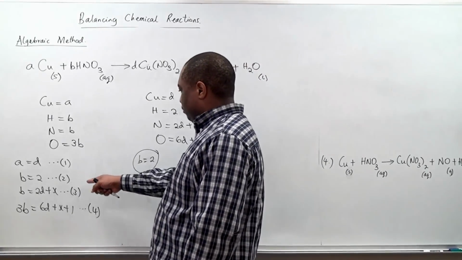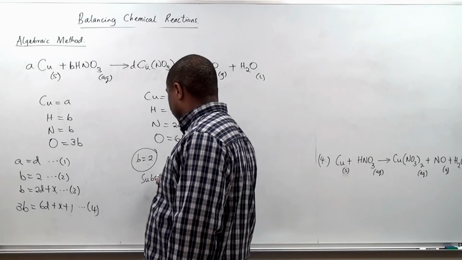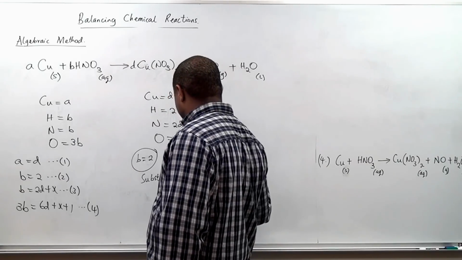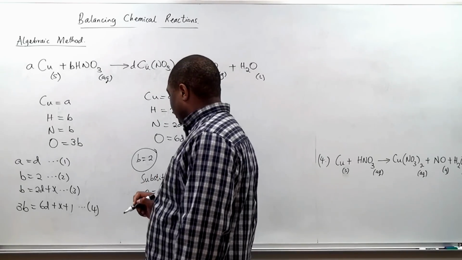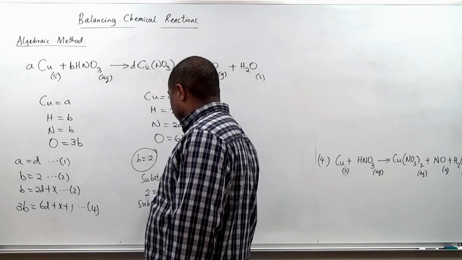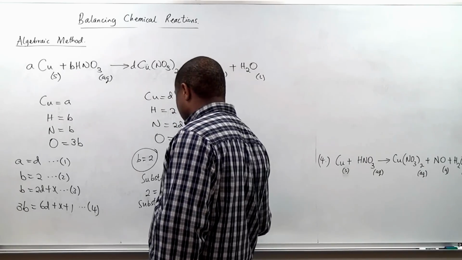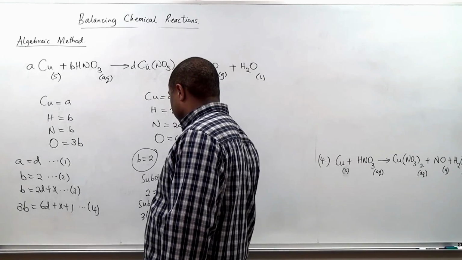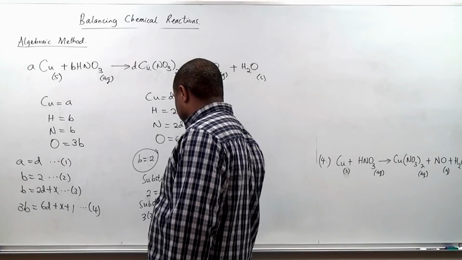So we just substitute equation 2 into equation 3. We now have that 2 will be equal to 2D plus X. And we also substitute equation 2 into equation 4, and we have that 3 times 2 is equal to 6D plus X plus 1, which is 6 is equal to 6D plus X plus 1.